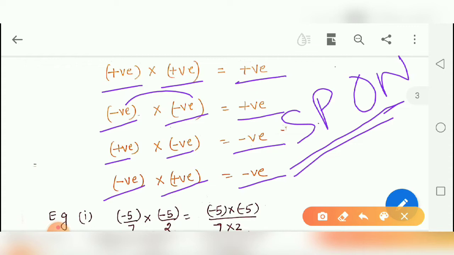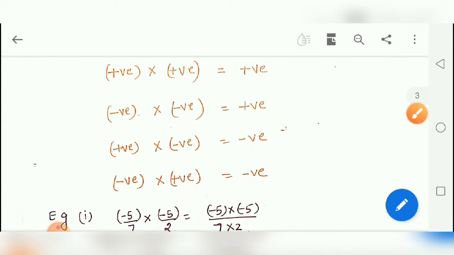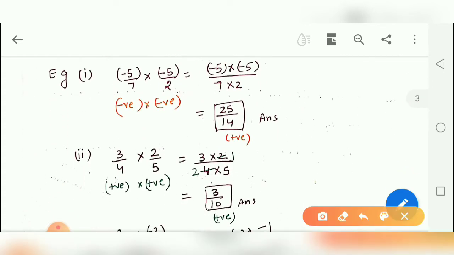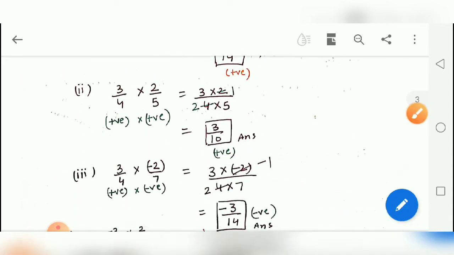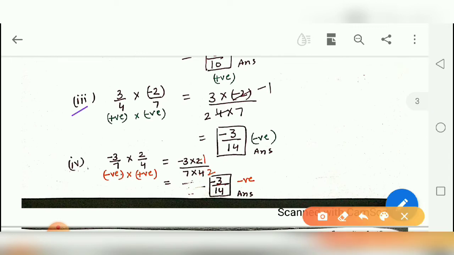Now let us see this rule with some examples. Here I have multiplied two negative numbers. If we multiply these two, the answer is positive. In the second part I have taken two positive rational numbers. If I multiply, the answer will be positive. Similarly, in the third example, the first number is positive and the second is negative.